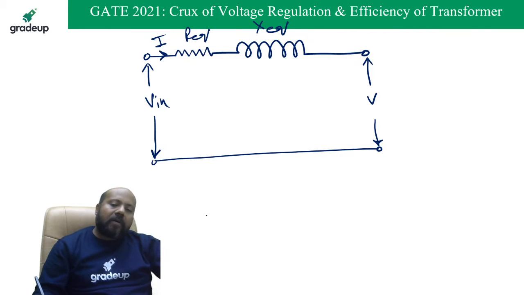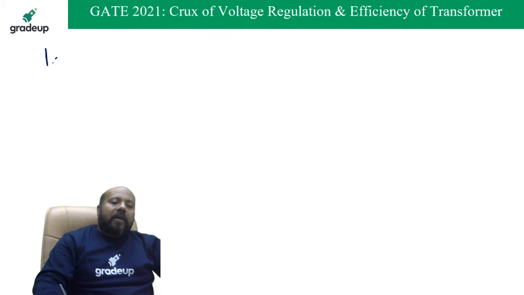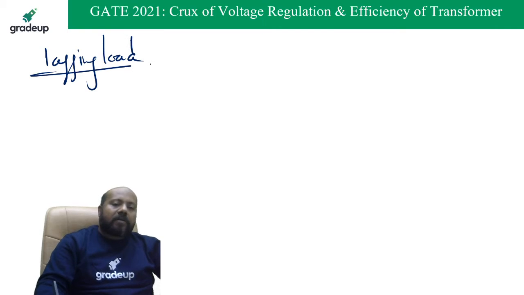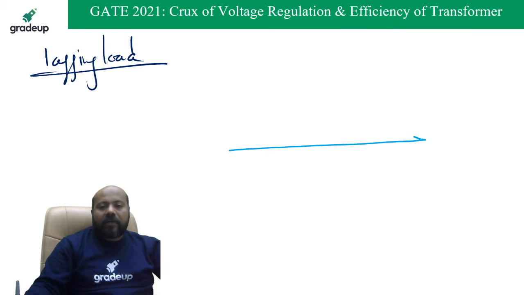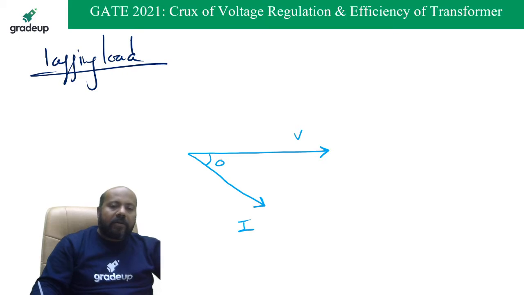Now I'm going to draw the phasor diagram. How are you going to draw the phasor diagram? By writing the KVL equation. V in is going to be V plus I times (R equivalent plus jX equivalent). If you are taking a lagging load case, I am taking the voltage as the reference. And the current is going to be lagging in nature, because we are taking a lagging load, and the angle with which the current is lagging the voltage is phi.